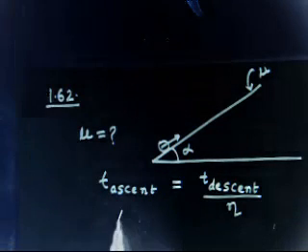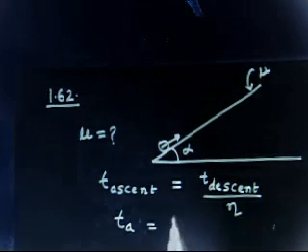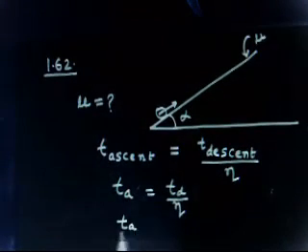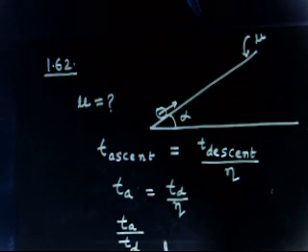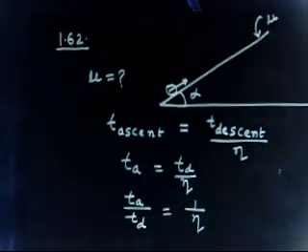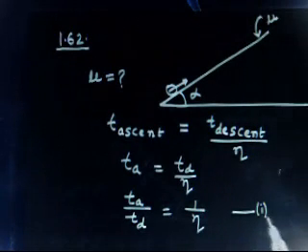So let us say TA is equal to TD by eta. So we have been given one expression, that is TA by TD is equal to 1 by eta. So this expression is given to you.